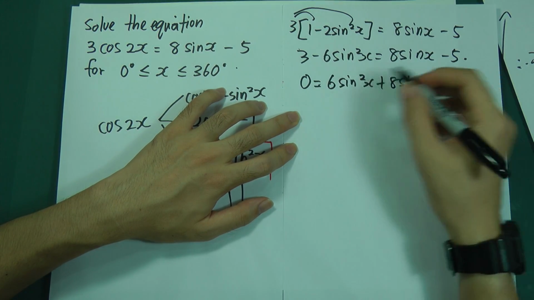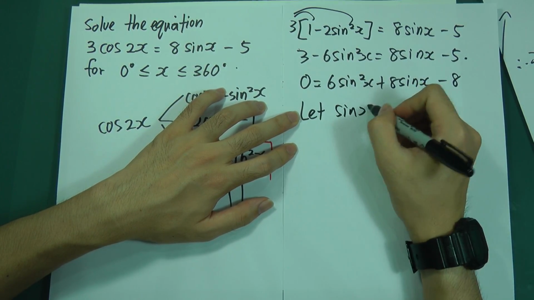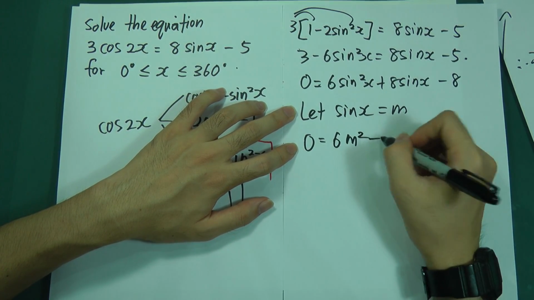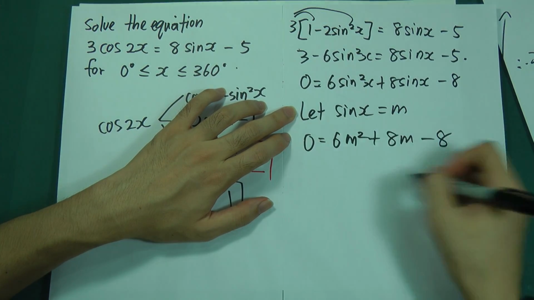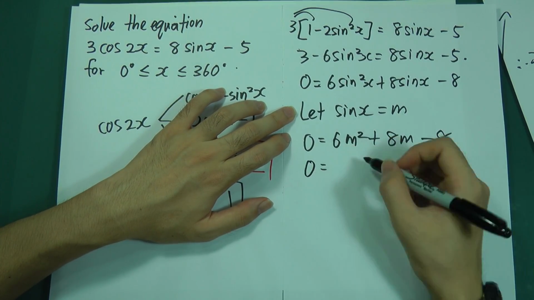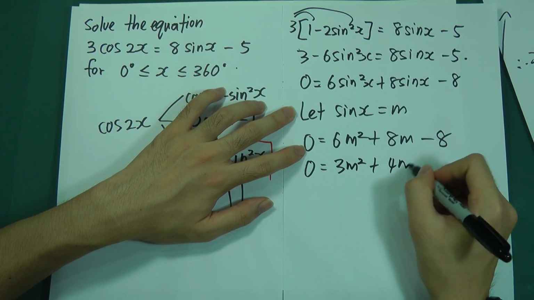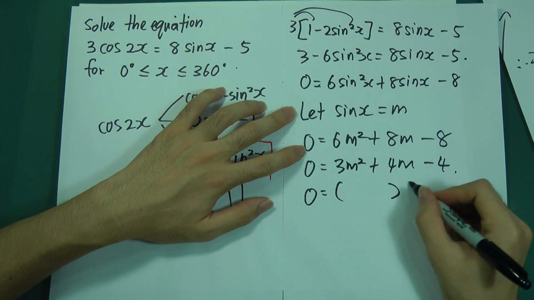Equal to 0. Because I want to make this easier to understand, I let sine x equal to m. So this is equal to 6m squared plus 8m minus 8. So I try to minimize this equation. Maybe I divide everything by 2. So I get 3m squared plus 4m minus 4. Now I can factorize easily.